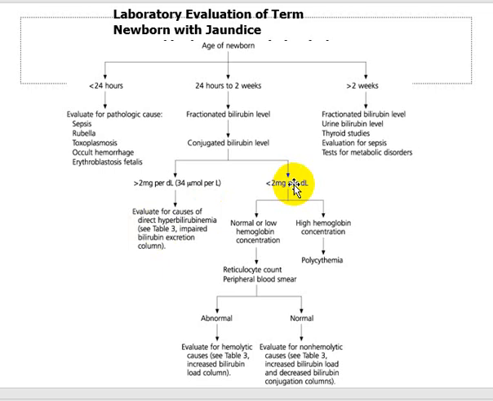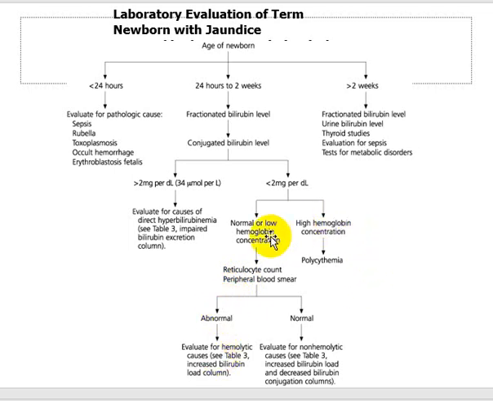If it is mainly unconjugated, and this is the subject of today's talk, we need to assess hemoglobin. If the hemoglobin is normal or low, we assess reticulocyte count. If retic is increased, there is hemolysis.